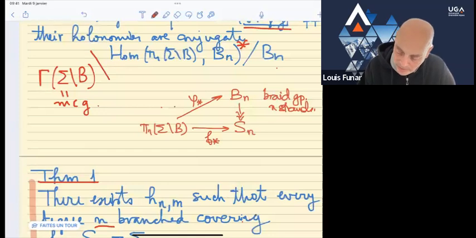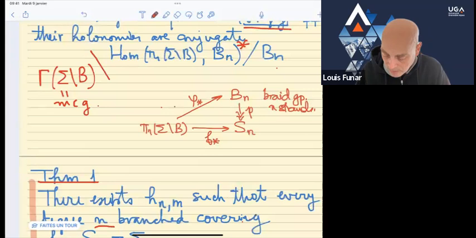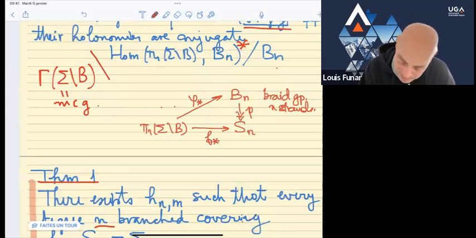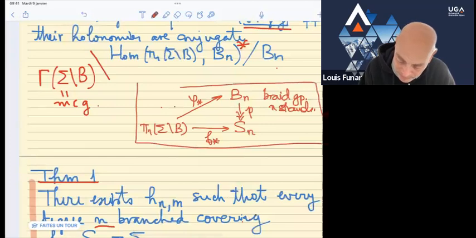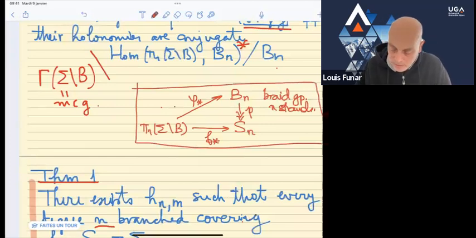And here is the standard projection, which to a braid associates the permutation of the strands. And this is a commutative diagram, which explains in which sense the phi star is actually an algebraic lift of the homomorphism F star.